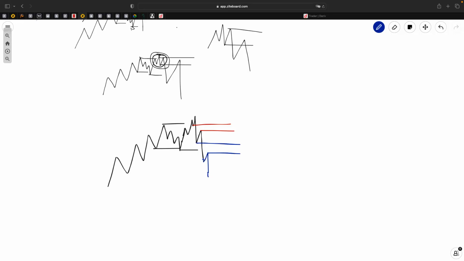Remember, this guy, we have this break of structure, which means this point is nothing. So now we have this again. We have this, now we have point 1, point 2. As a trader, you are confused because the market has created a fair value gap here and a fair value gap here.